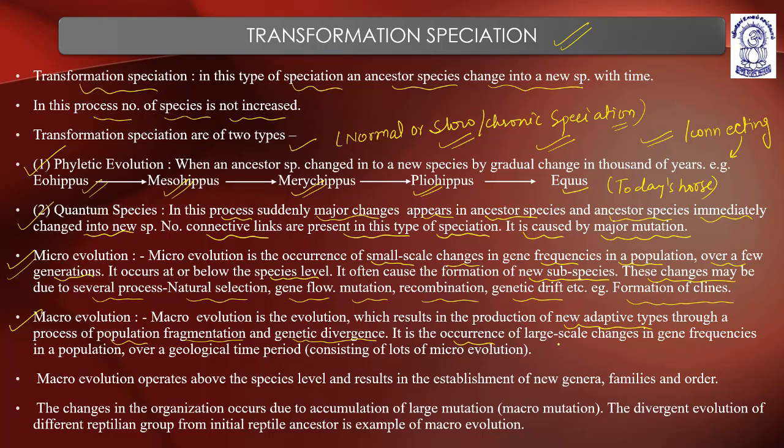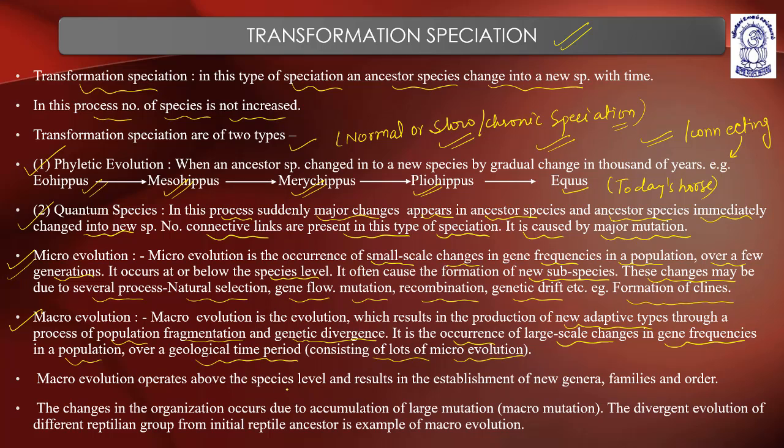It is the occurrence of large scale changes in gene frequencies in a population over a geological time period, consisting of lots of microevolution. So when microevolution keeps accumulating, leading to changes in gene frequencies, it makes a major evolution, or macroevolution.